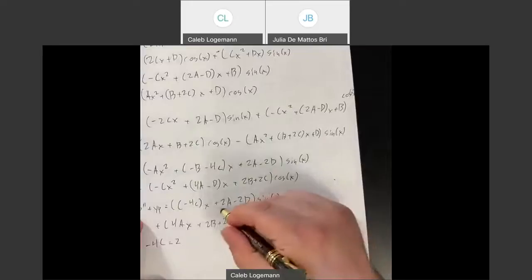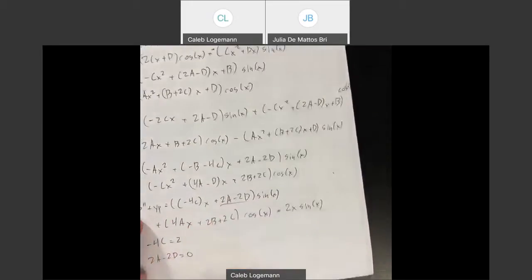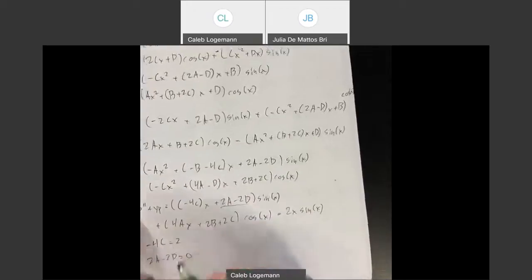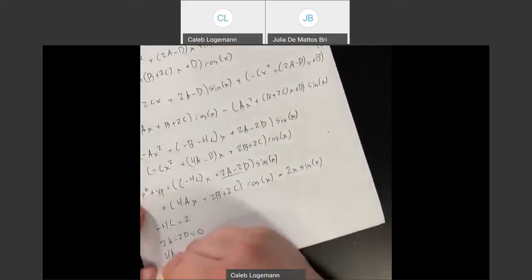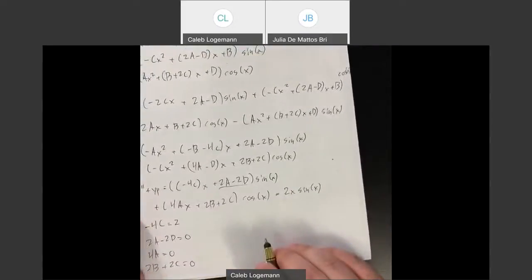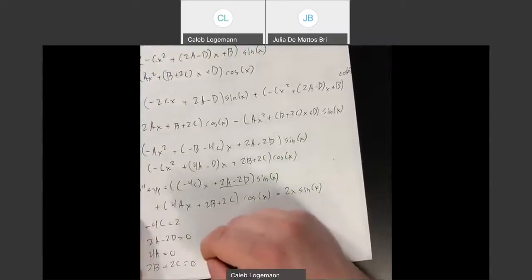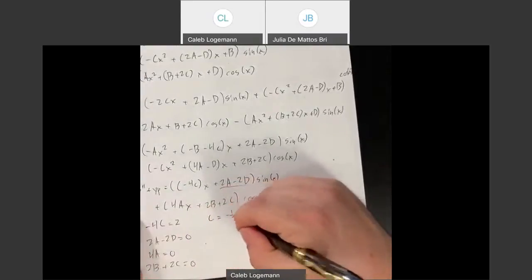So 2a minus 2d here, that has to be 0. 4a needs to be 0 in front of the x. And then the 2b plus 2c has to be 0. All right, so we need to solve these equations. So that tells us that c is negative a half.